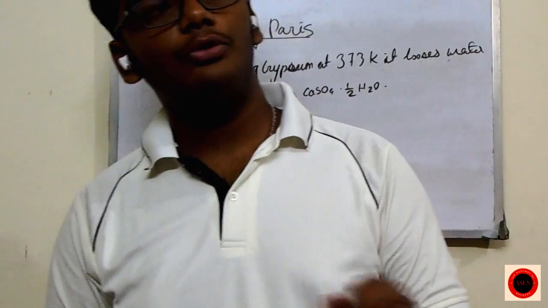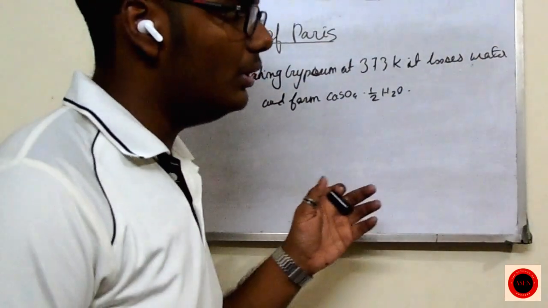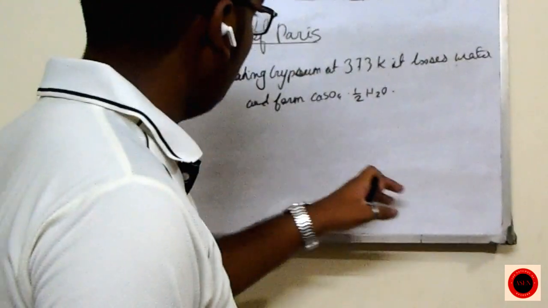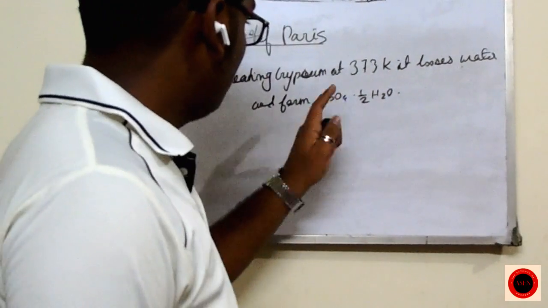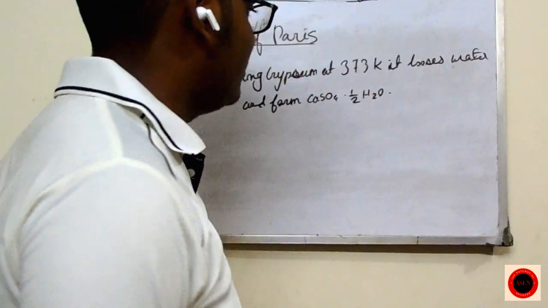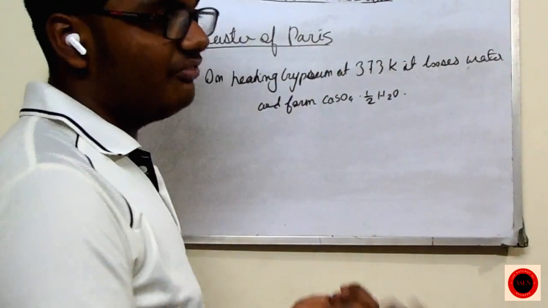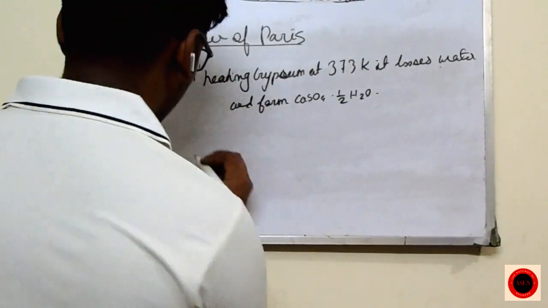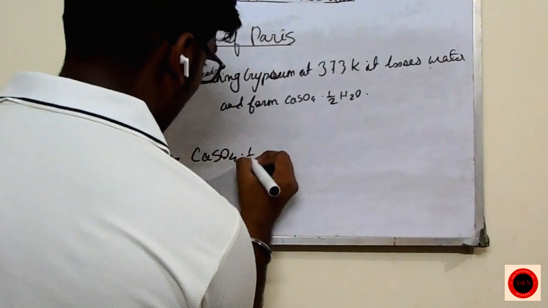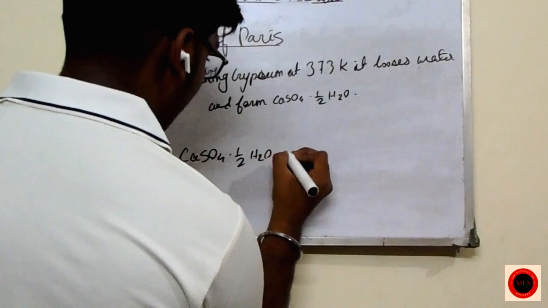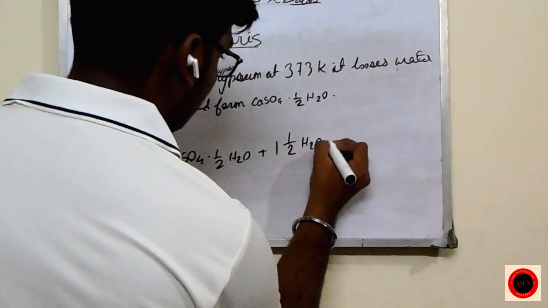Now how to reverse this reaction? How to form gypsum again from CaSO4 dot half H2O, that means plaster of Paris. To reform gypsum, we have to add 1.5 H2O to CaSO4 dot half H2O.